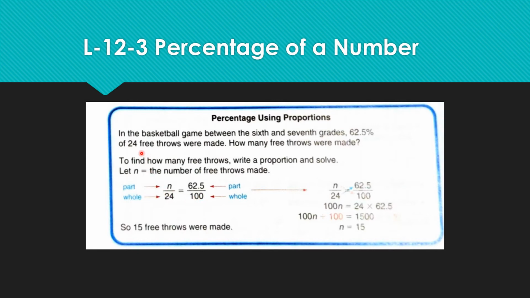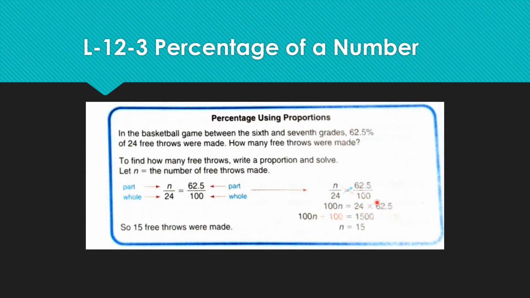And in this one, 24 free throws. That means all free throws are 24, and a part you can find. Then again, for finding the proportion, use the cross product. N multiplied by 100, 24 multiplied by 62.5.